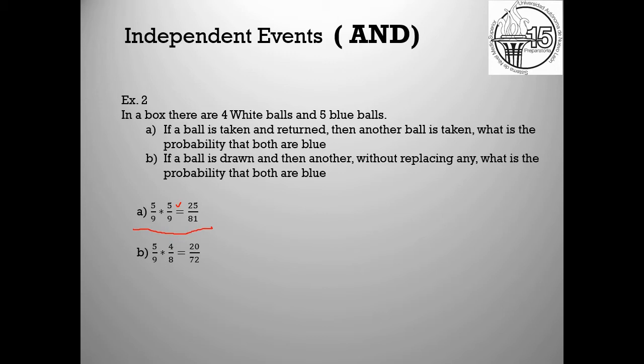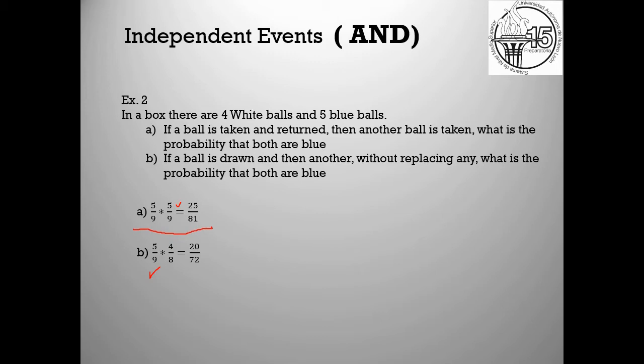Now the second case, we pick a ball and we keep it. What is the probability that the first ball is blue? That is 5 out of 9. The second ball also, what will be the probability that it's blue? Because we keep one ball, we assume that that ball was blue.